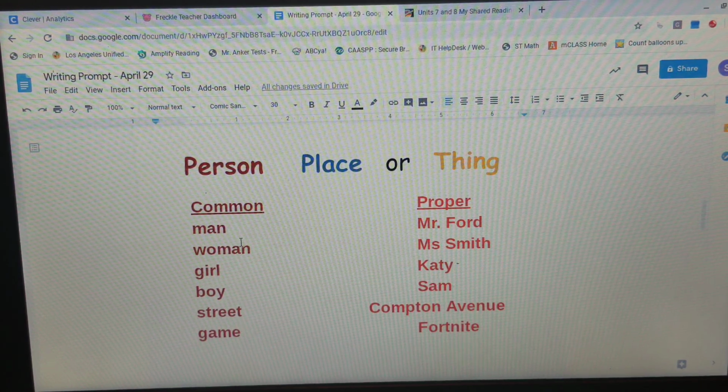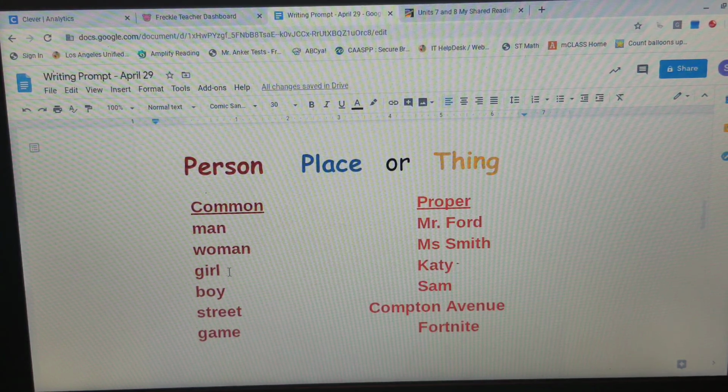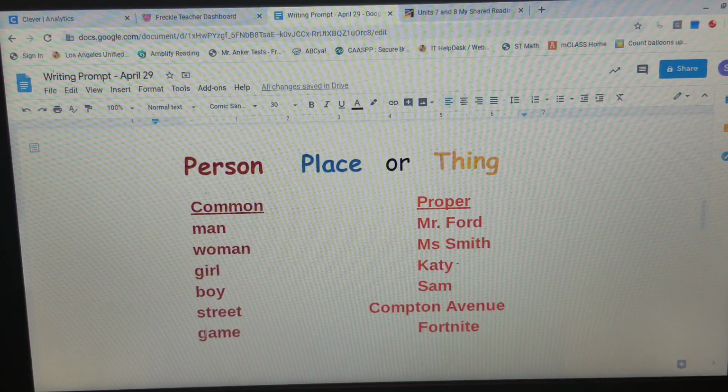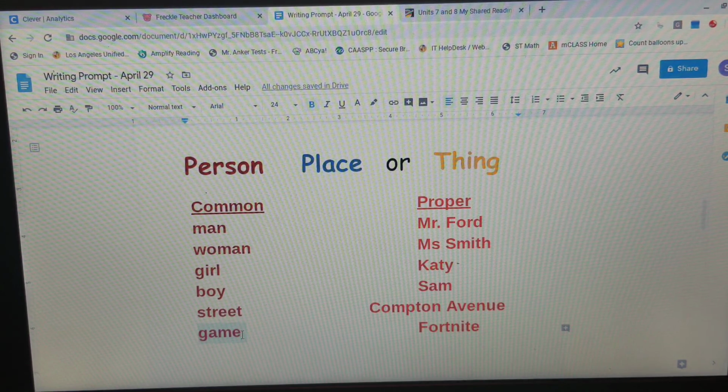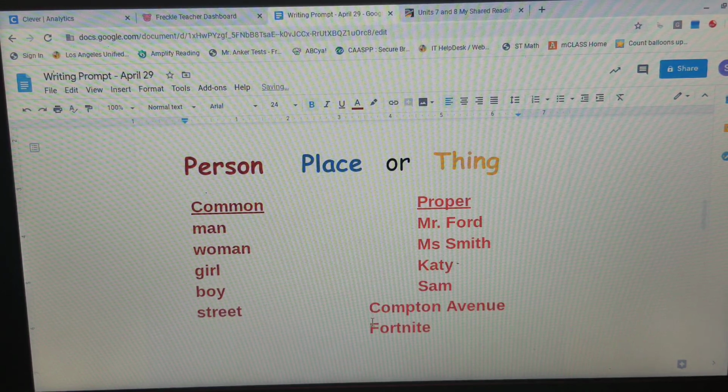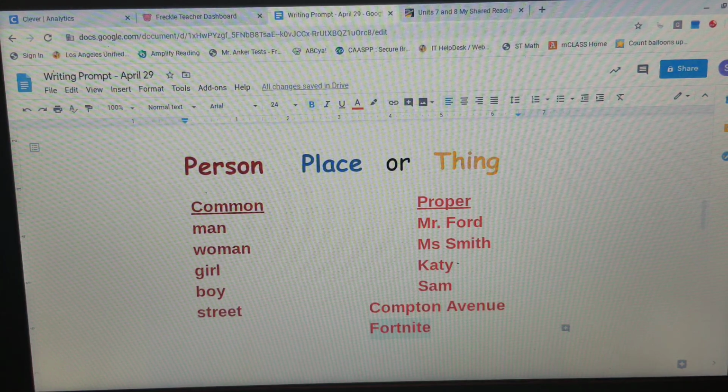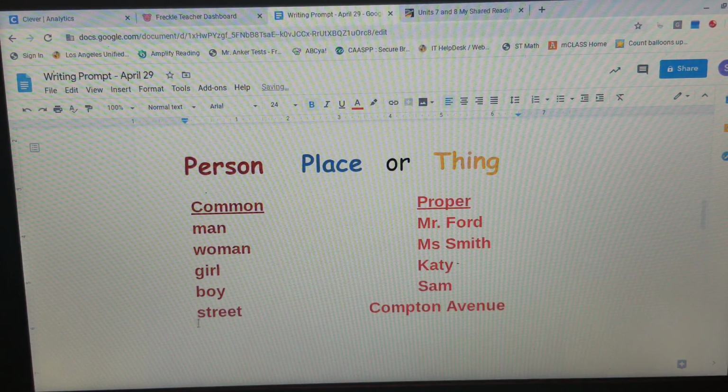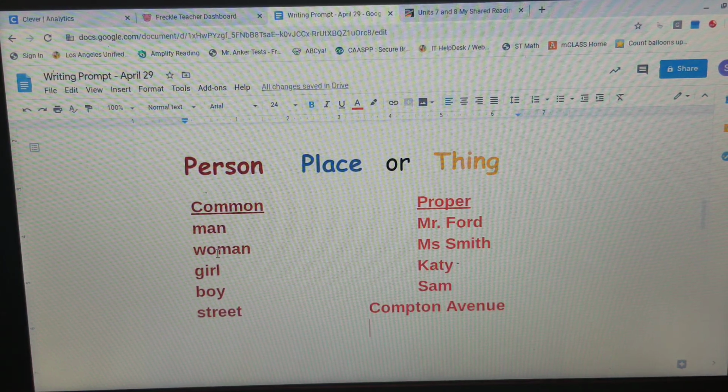We use these words every day. I'm sorry, I shouldn't have this one, so I'm going to take this one out. I was getting ahead of myself. We'll do thing later. Man, woman, girl, boy, street are just regular common nouns.